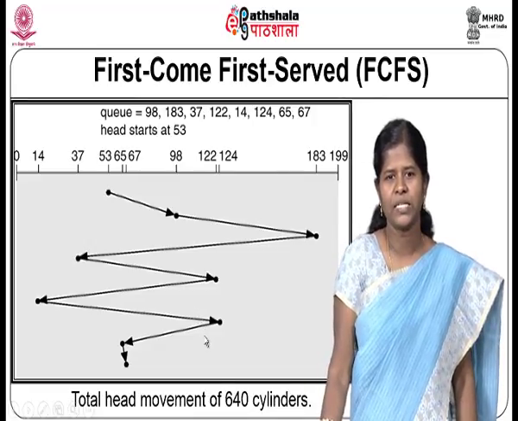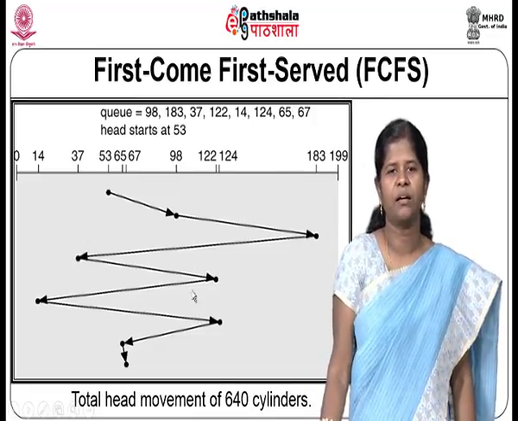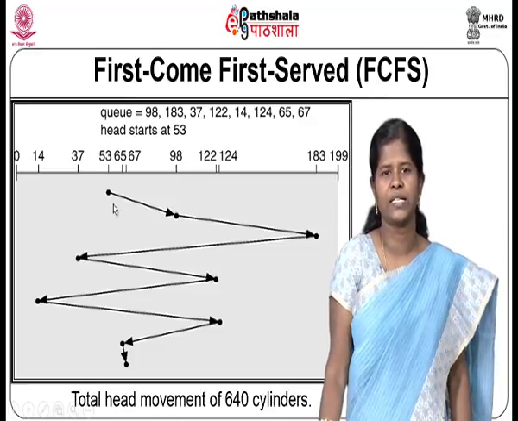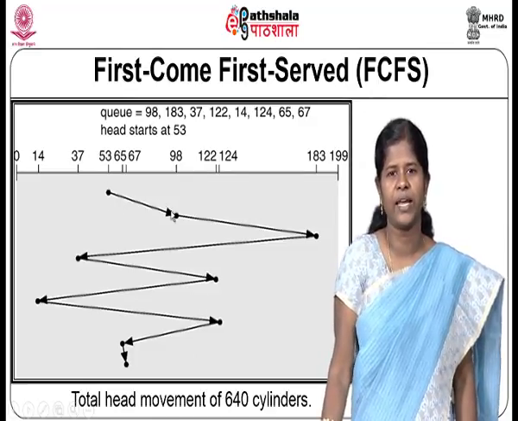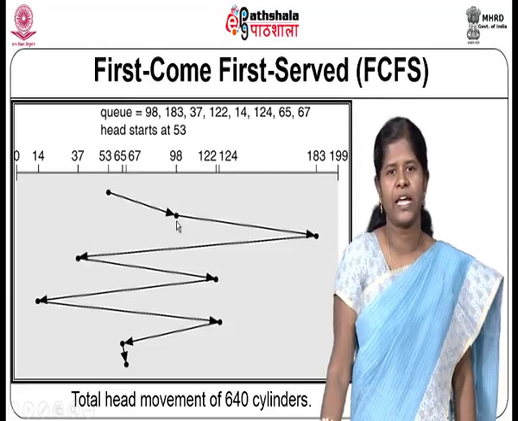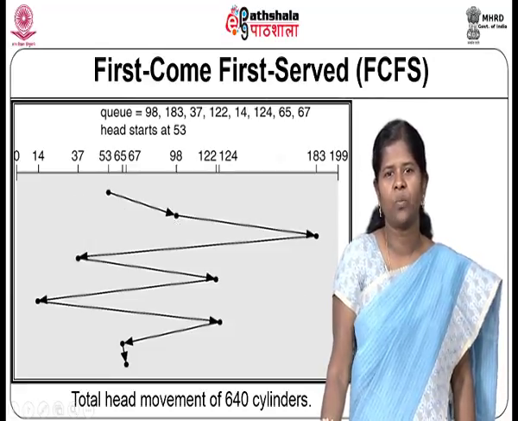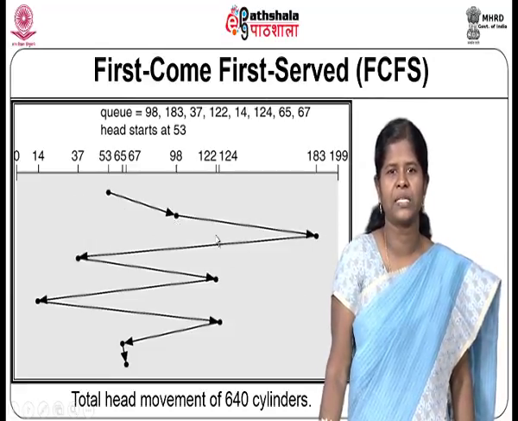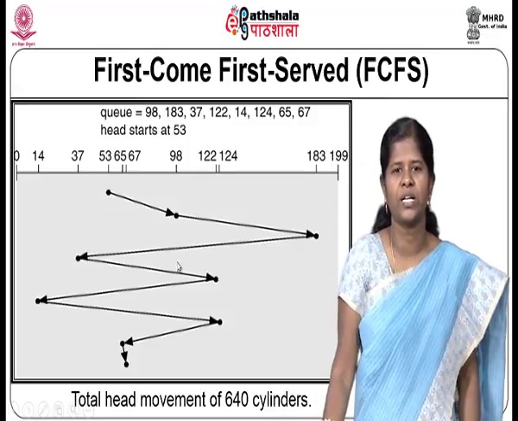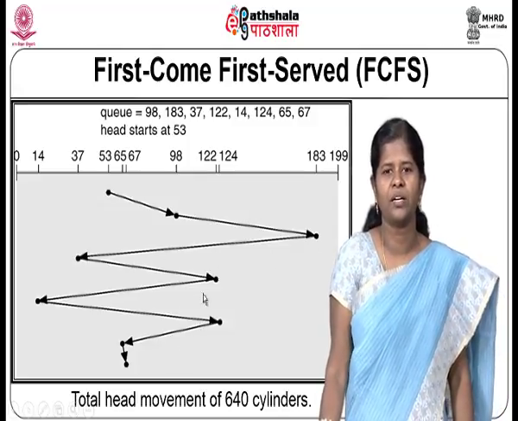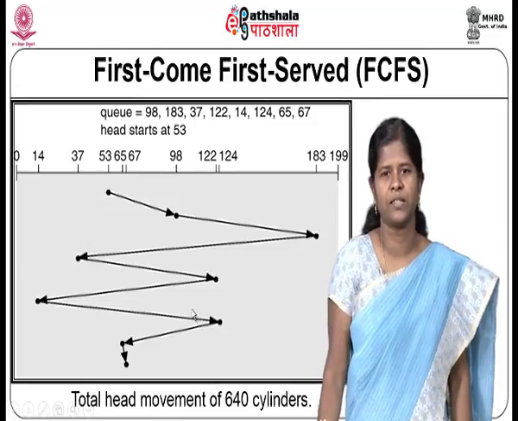Here the head movement is totally 640 cylinders. You need to calculate it as 98 minus 53 plus 183 minus 98 plus 183 minus 37 and so on. If you add together it comes to around 640 cylinders.